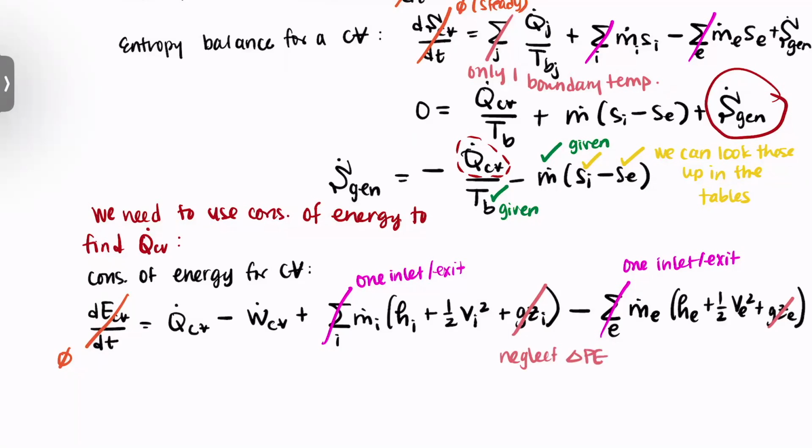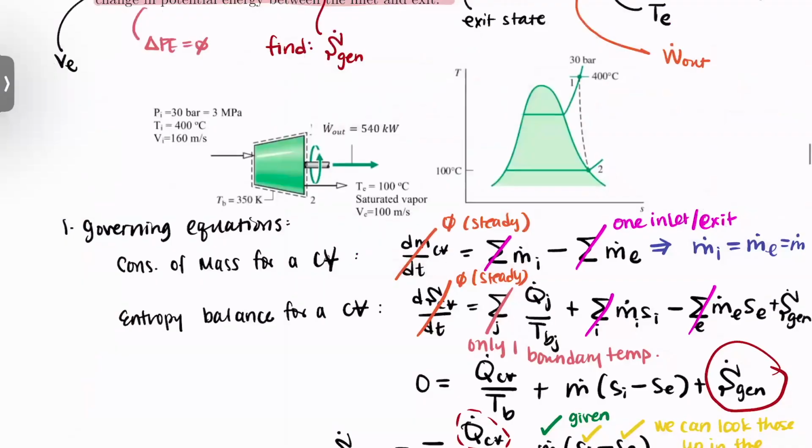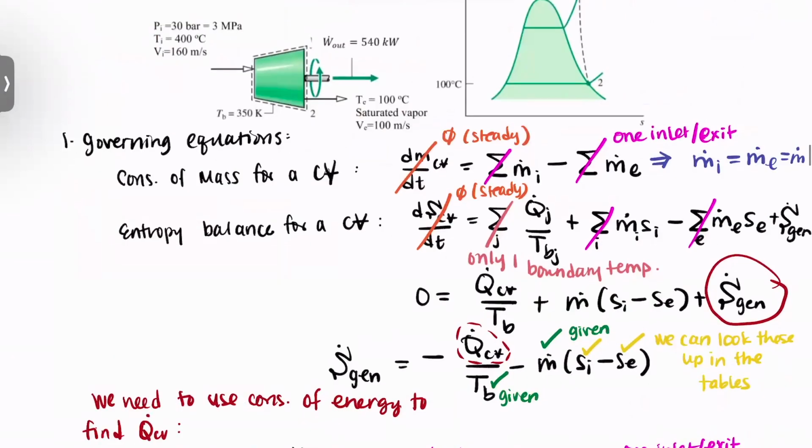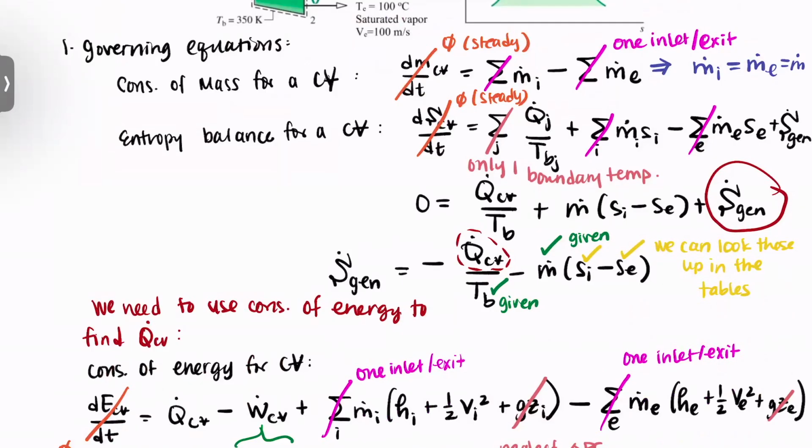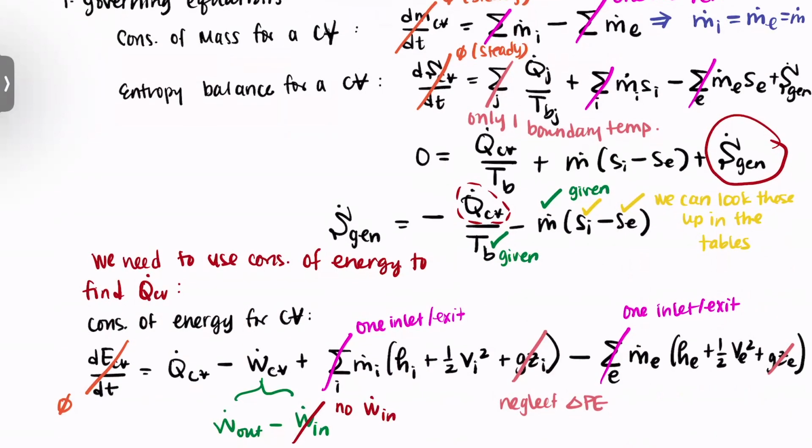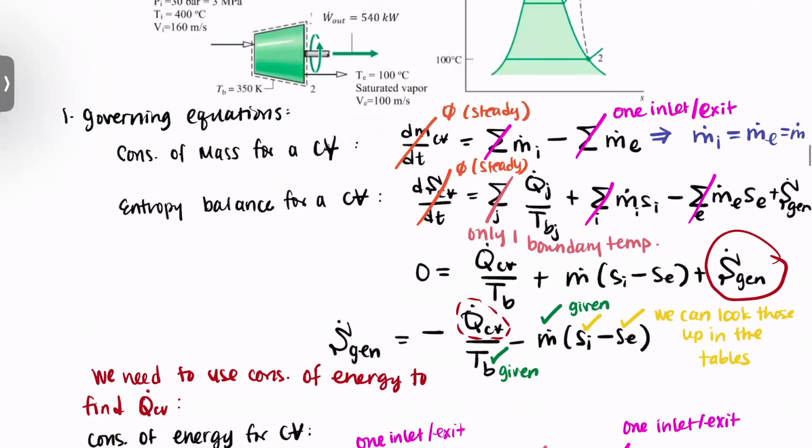All right. And we know that W dot for the control volume is W dot out minus W dot in, right? And we are given W dot out, and then there's no W dot in. So no W dot in, and we are given W dot out is 540 kilowatts.